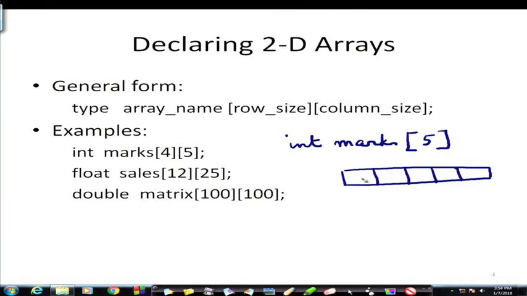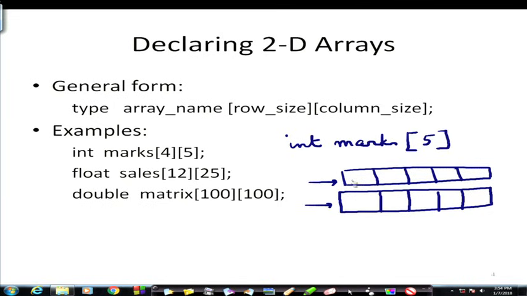I can say that these are 5 columns of this one dimensional array, which is one row. Had there been more rows like this, then immediately I have to identify which row and which column, and if there be 2 such rows, then this array should be described as int marks 2 5, okay, because there are 2 rows.